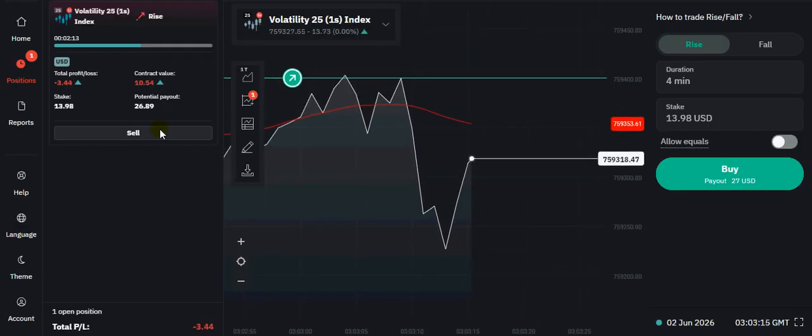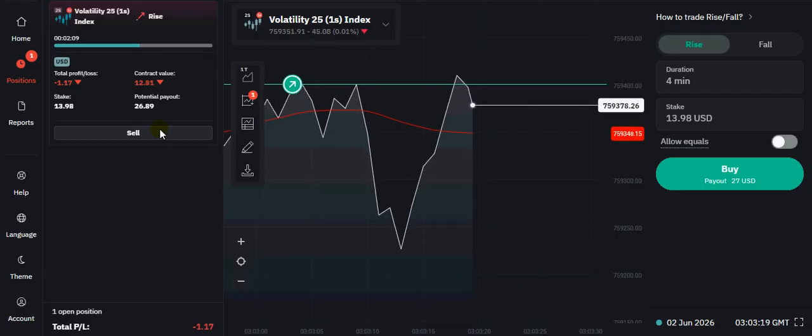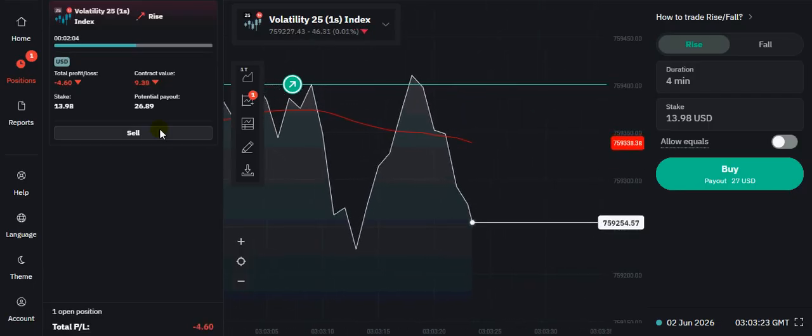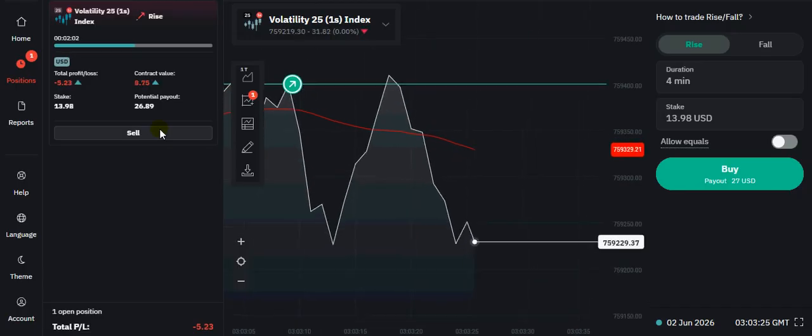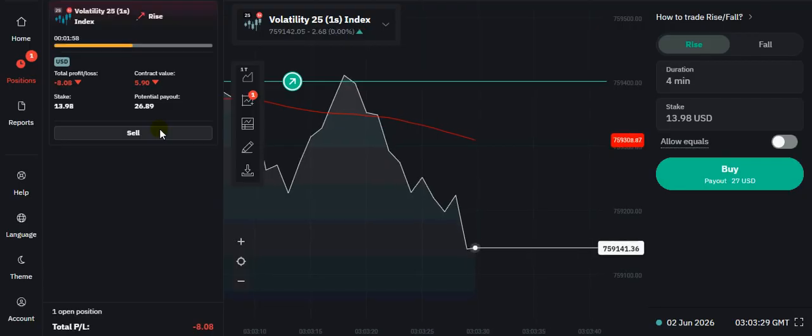So we're also watching the time count as well. We're watching the time count, so you have to be very fast with it. So once the time count is going down, the sell option becomes unavailable. So make sure you note that as well.